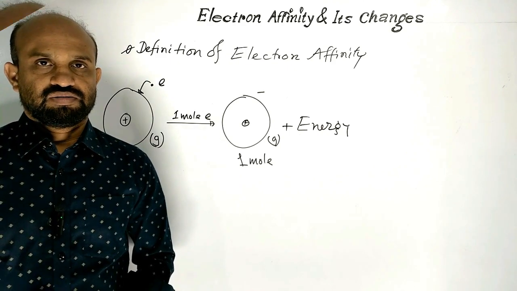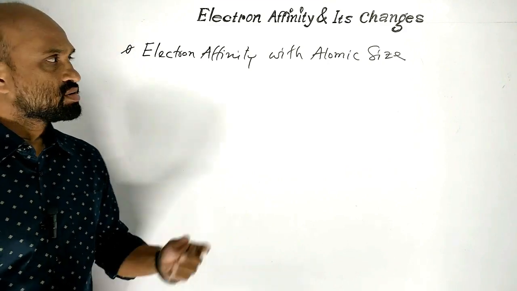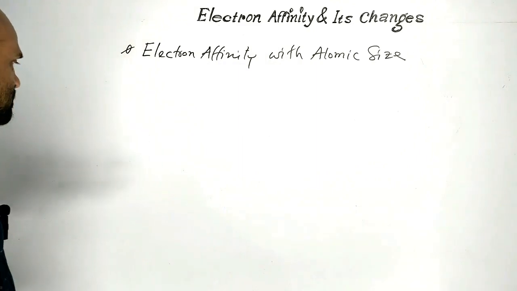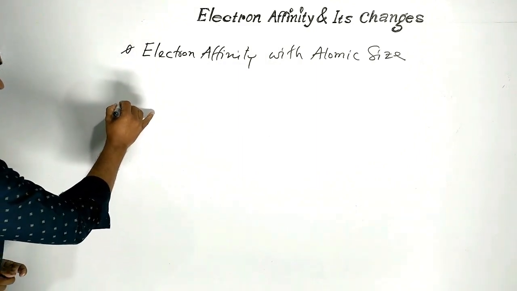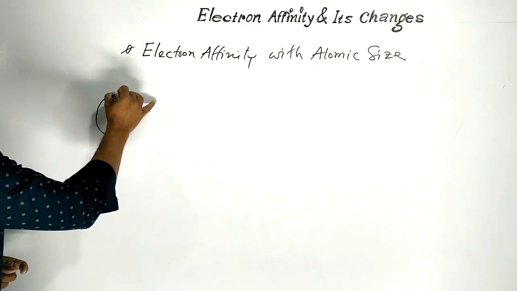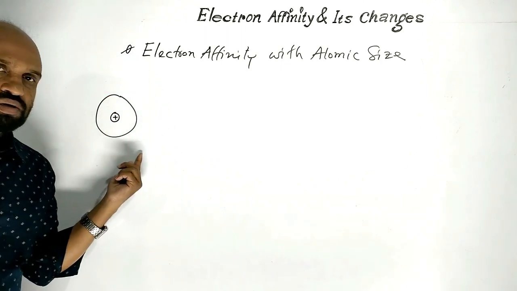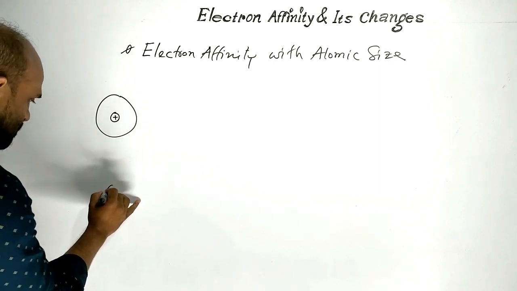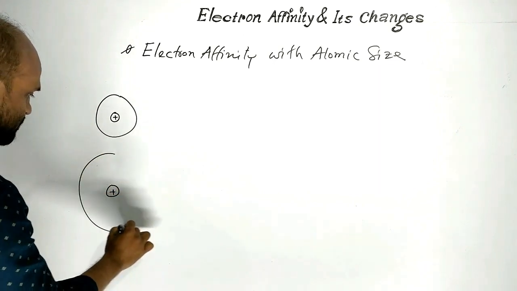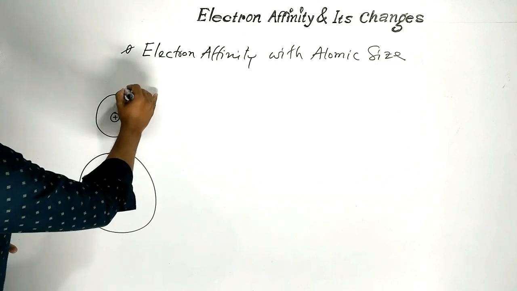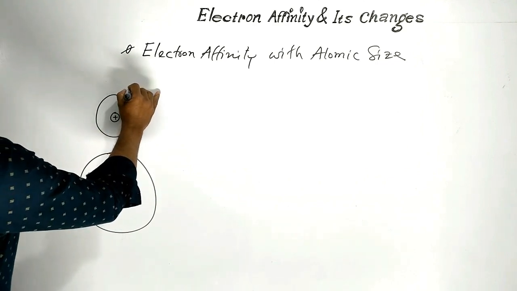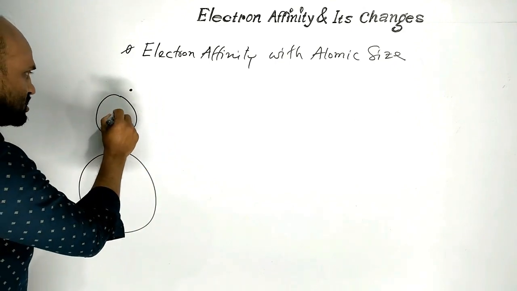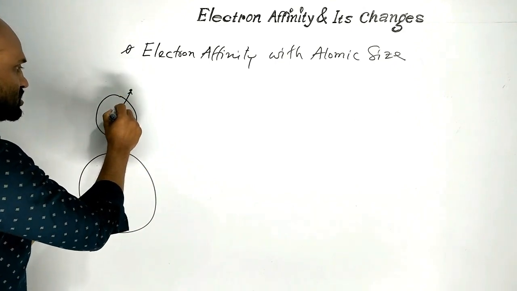Let's see the matter. Let us discuss electron affinity with atomic size. Suppose this is an atom which is a bit smaller in size. Another atom is bigger in size. Here is an electron which is attracted by this nucleus, and this is the distance.